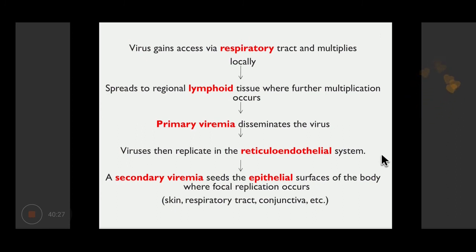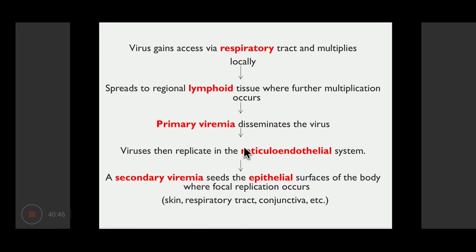After the virus gains entry through the respiratory tract, it multiplies locally in the respiratory epithelial cells, and then spreads to regional lymphoid tissue where further replication occurs. Then there is primary viremia that disseminates the virus into various organs of the body.